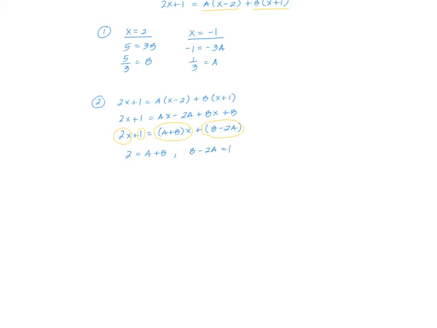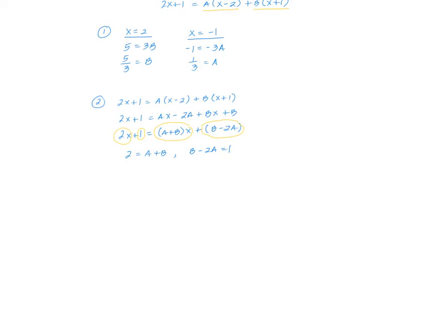So this is the method that your MyMathLab will do. At this point, you have two equations with two variables. You can solve it by elimination or substitution or your favorite algebra principle.